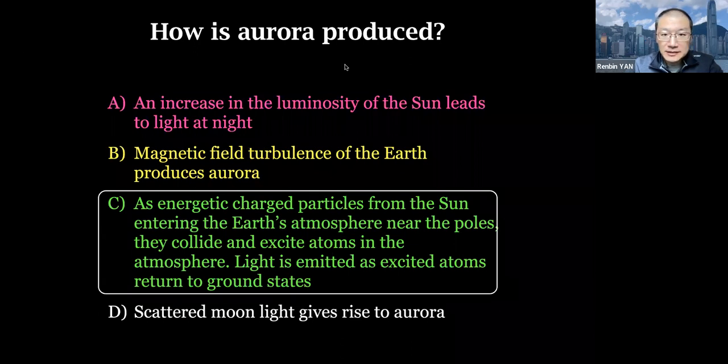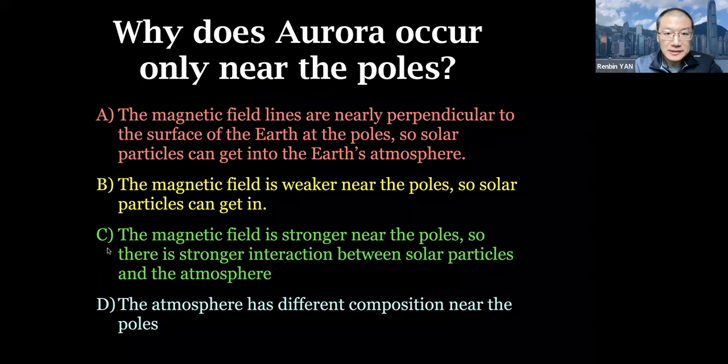Next one, aurora location. This one should be easy. Why does aurora occur only near the poles?